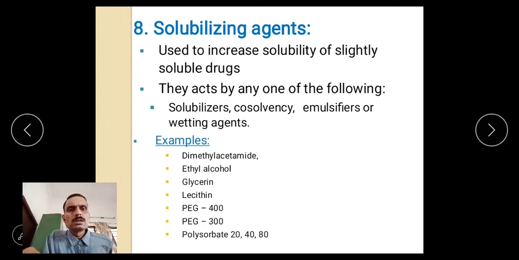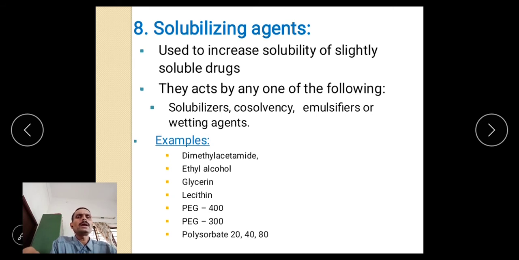Examples are dimethyl acetamide, ethanol, glycerine, PEG 400, that is polyethylene glycol 400, polyethylene glycol 300, and polysorbate 20, 40 and 80. These are the different grades.